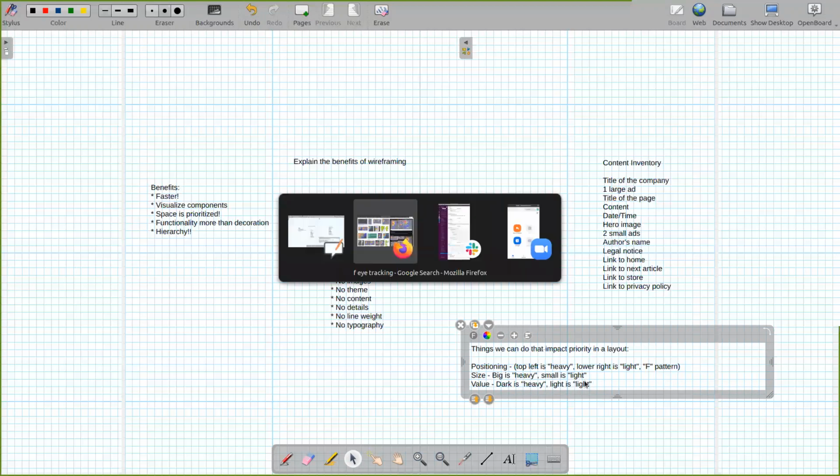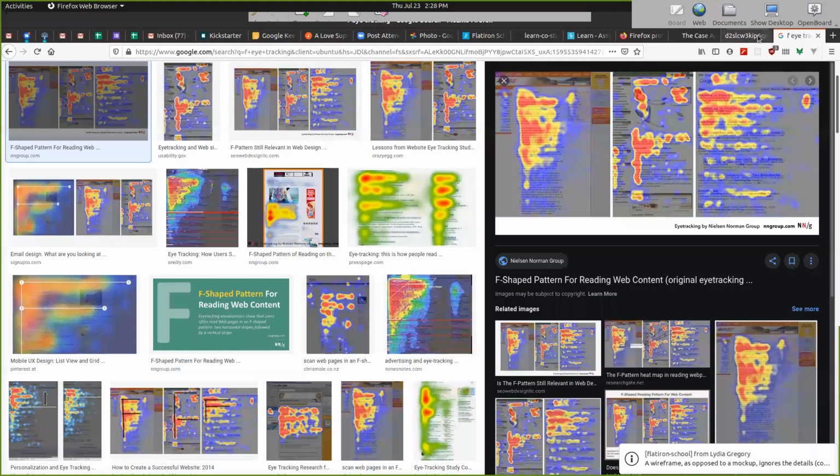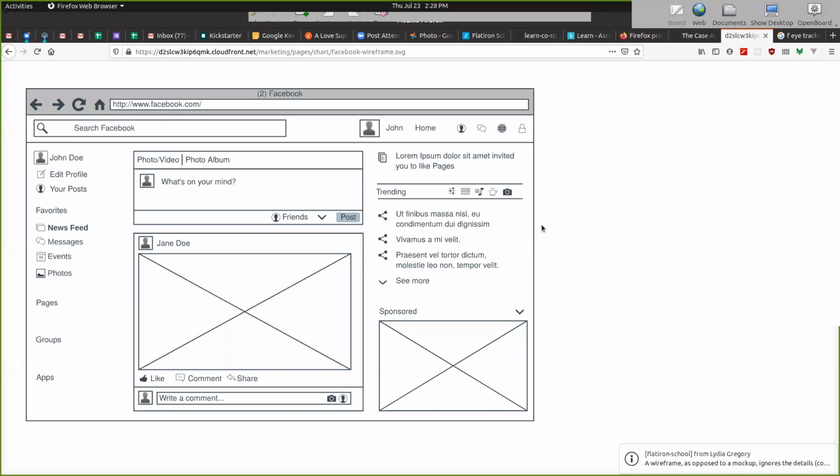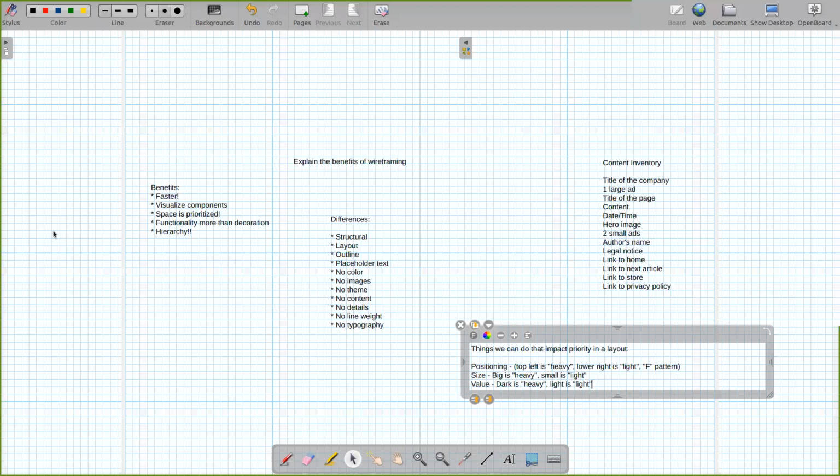Even in this wireframe we're looking at, some things are still darker than others, like this news feed. In design terms, we refer to that as value. That's allowed, but I would stay away from color for right now, even though that is a thing that impacts priority, hierarchy. What else?